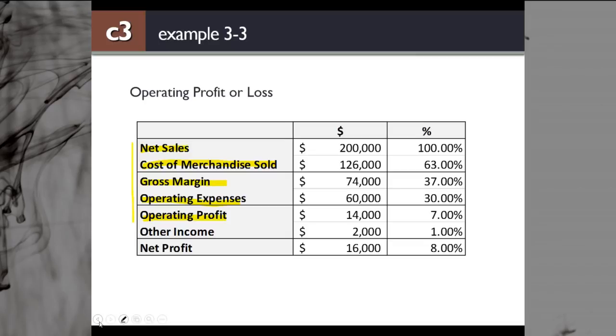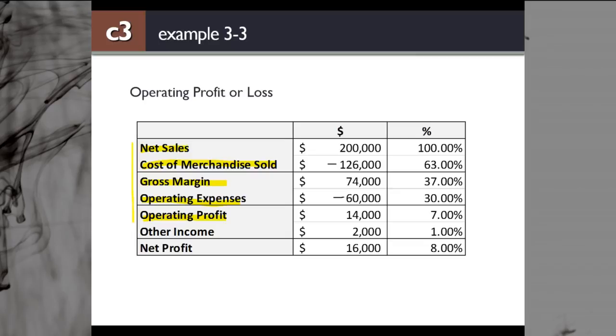And you can calculate the other numbers if you know some of these components. So net sales minus cost of goods sold is gross margin. This minus this one is gonna be gross margin, and gross margin minus expenses is gonna be your profit.